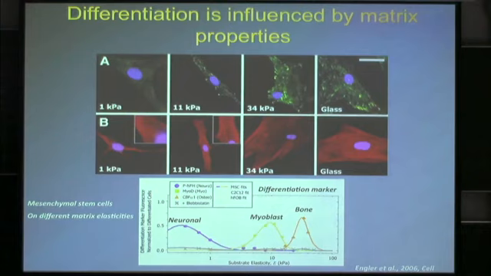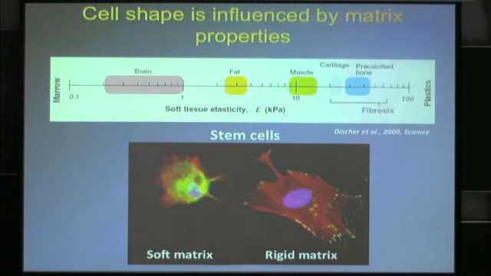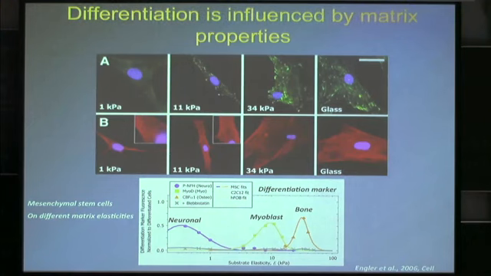So we do see here. Sorry, let me go back again. In the brain, for example, we have very soft tissue, whereas in bones we have a more rigid extracellular matrix, and so the cells have to somehow adapt to those environmental conditions by differentiating into the cell types that are required in those regions, right?